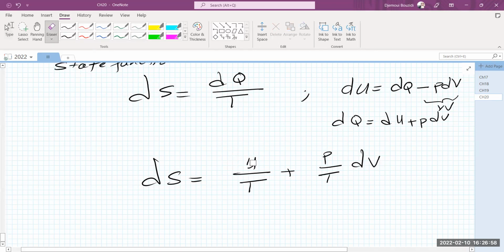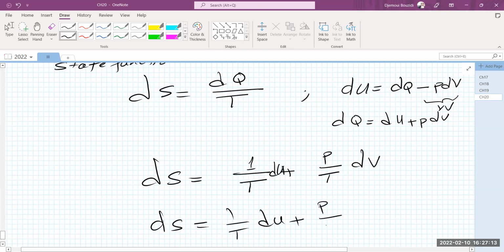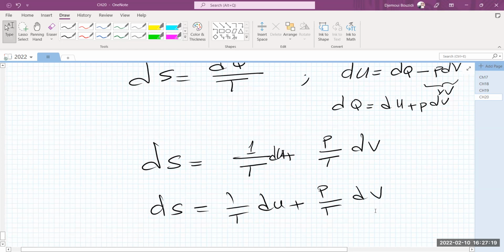I don't like this dU here. I'm going to write it 1 over T dU, so dS equals 1 over T dU plus P over T dV. It's the same thing, okay? I just didn't like it over the numerator, that's all.